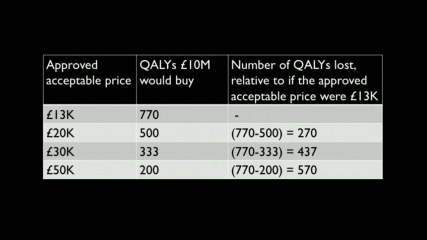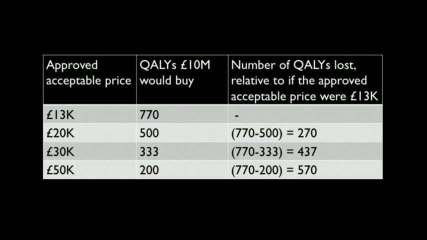The next row is the UK becoming more generous: we'll only provide people drugs if the drug buys us one QALY at £20,000 or less. The next row is their current threshold of £30,000. And the last row is them being generous and saying we'll give our people a drug as long as it gives us one QALY at £50,000.